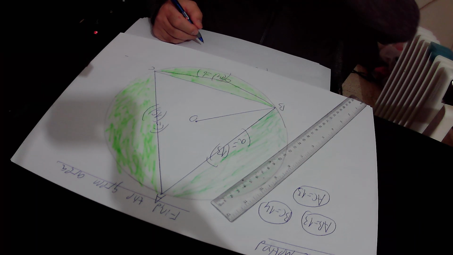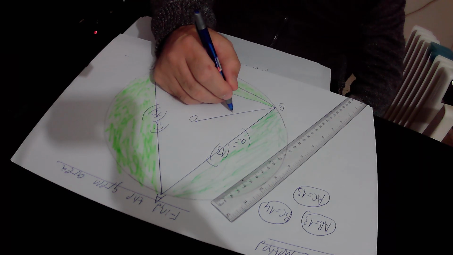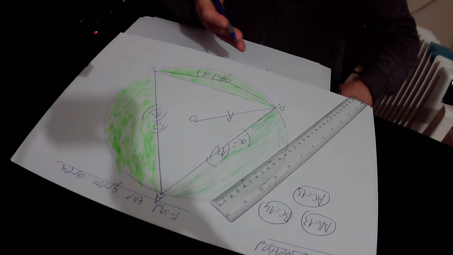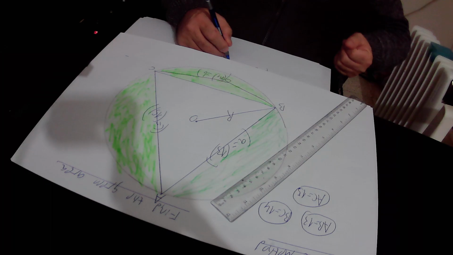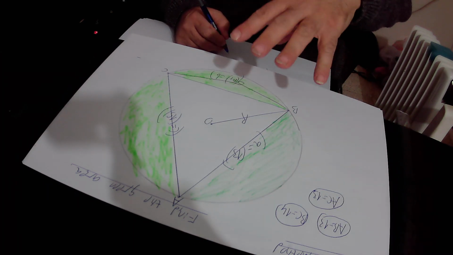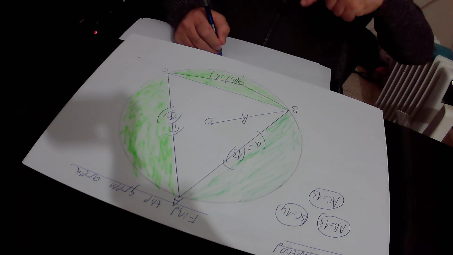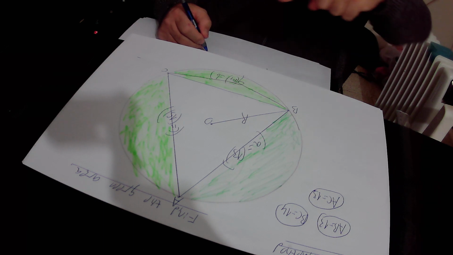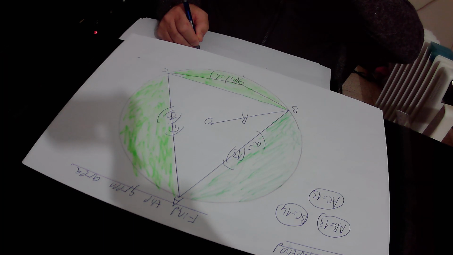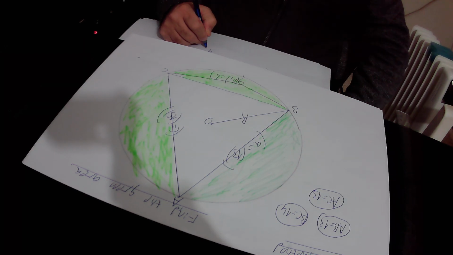Point B is a point on the circle itself. Therefore, OB is the radius of the circle, which according to our definition equals R. So the radius R of this circle that blocks triangle ABC, according to rule number 6, will be equal to A times B times C over 4 times the area of this triangle ABC.